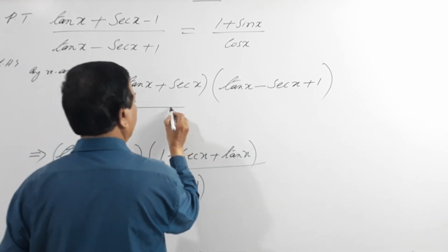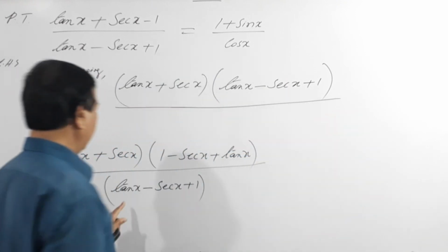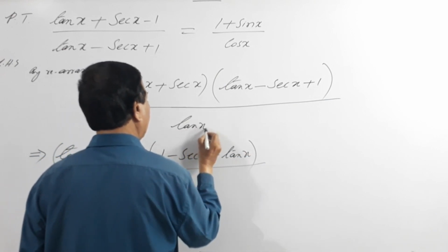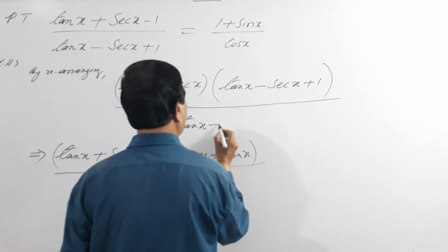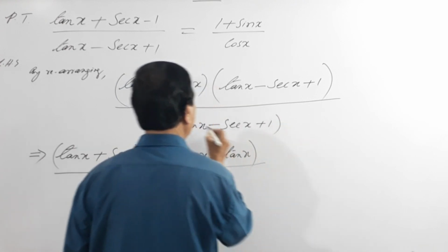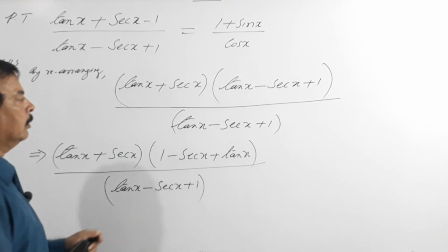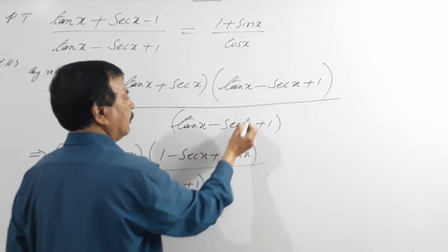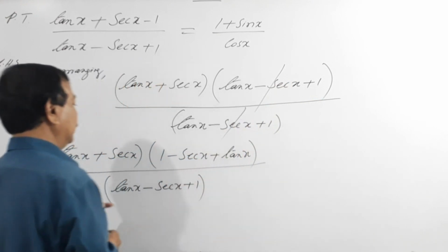Divided by tan x minus secant x plus 1. Done. So tan x minus secant x plus 1, tan x minus secant x plus 1, both these get cancelled.